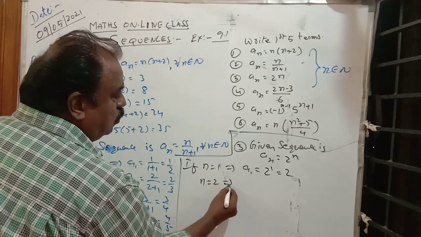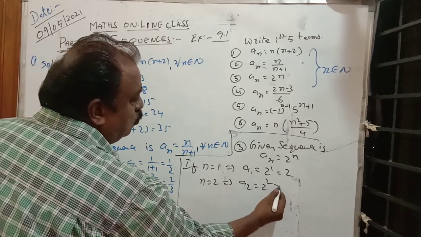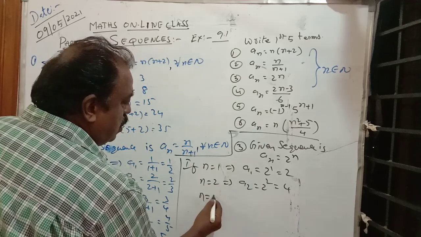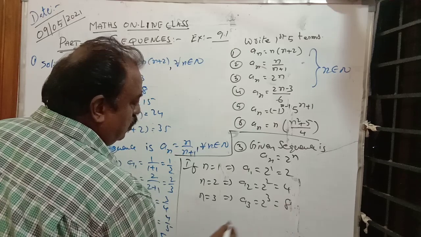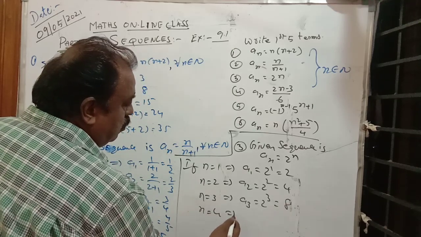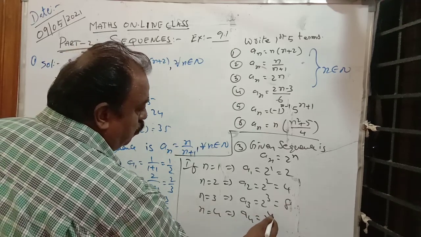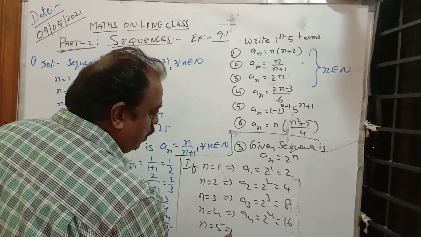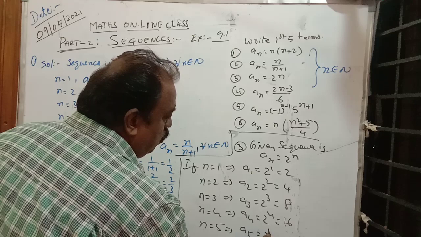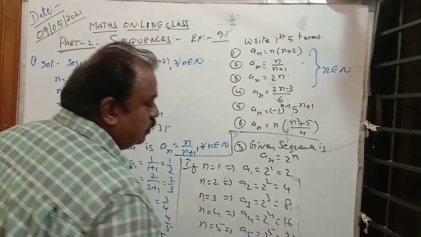When n is equal to 2, it is a2, 2 square, 4. When n is equal to 3, a3, 2 cube is 8. When n is equal to 4, a4, 2 power 4 is 16. When n is equal to 5, a5 is 2 power 5 is equal to 32.